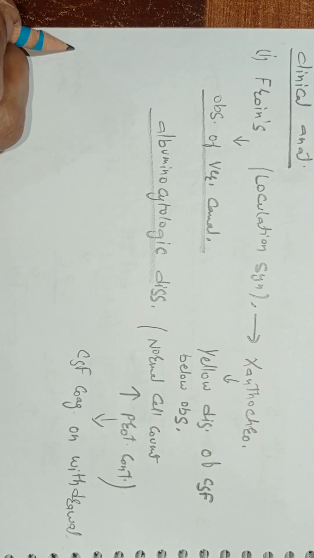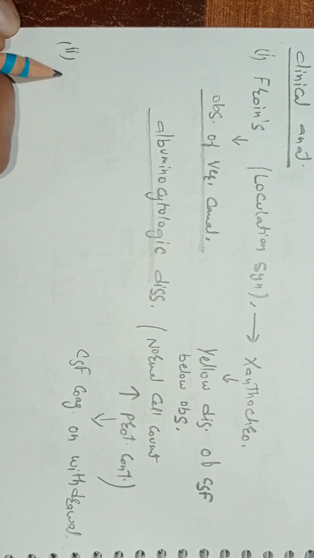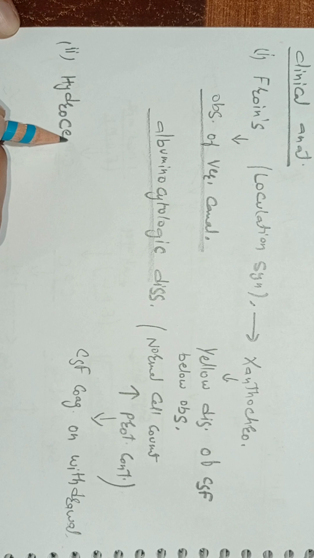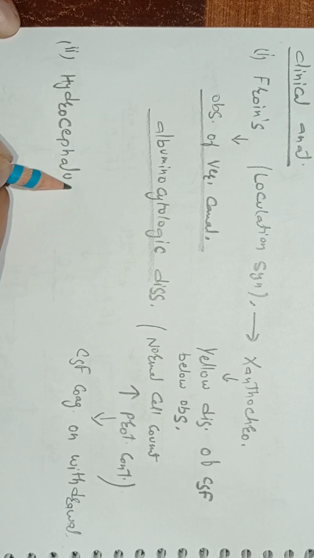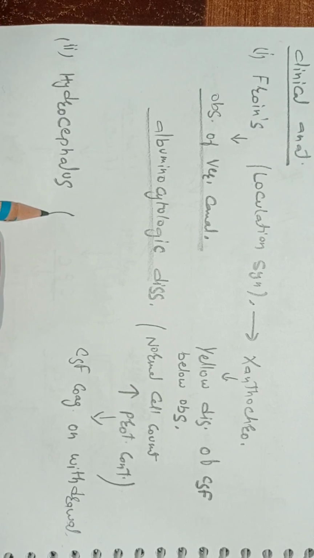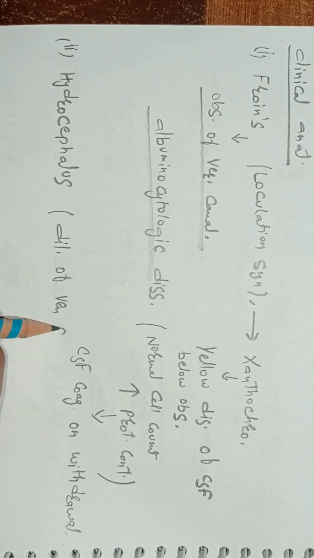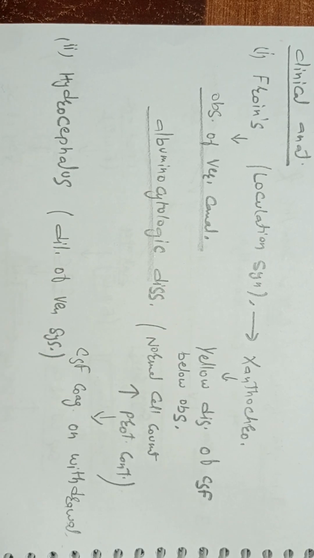Number second clinical anatomy point, we'll go with hydrocephalus. What is hydrocephalus? It is dilation of the ventricular system. Why does this dilation of the ventricular system occur? It occurs because of obstruction in CSF circulation.